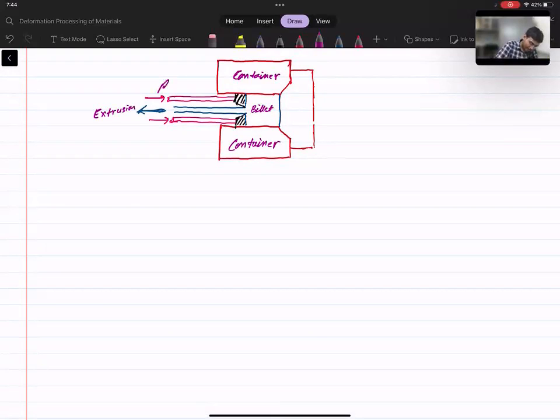This is one of the rams. This is another ram, let us say. And this was the closure plate, which prevents the billet from moving out of the container.